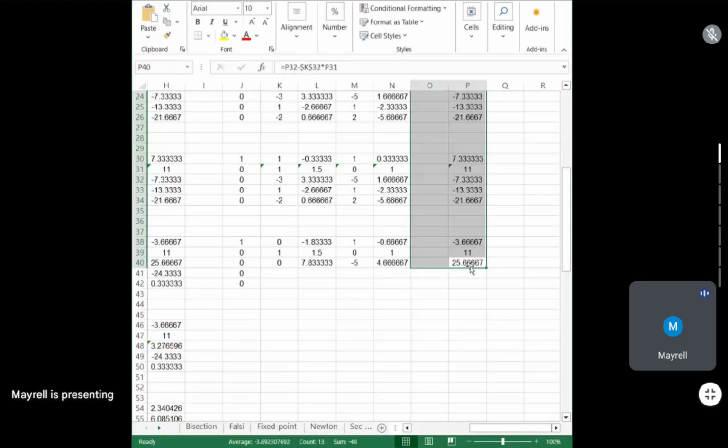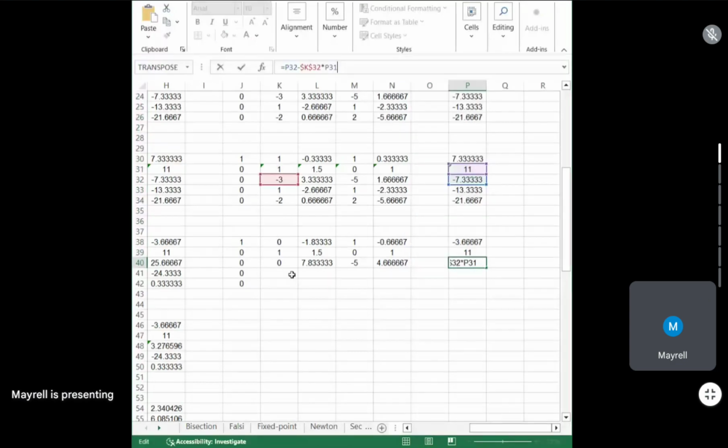Okay. Then row 4. So the corresponding element in row 4 minus our M for row 4 is A42 in cell K33. So K33 times the row 2. Okay.